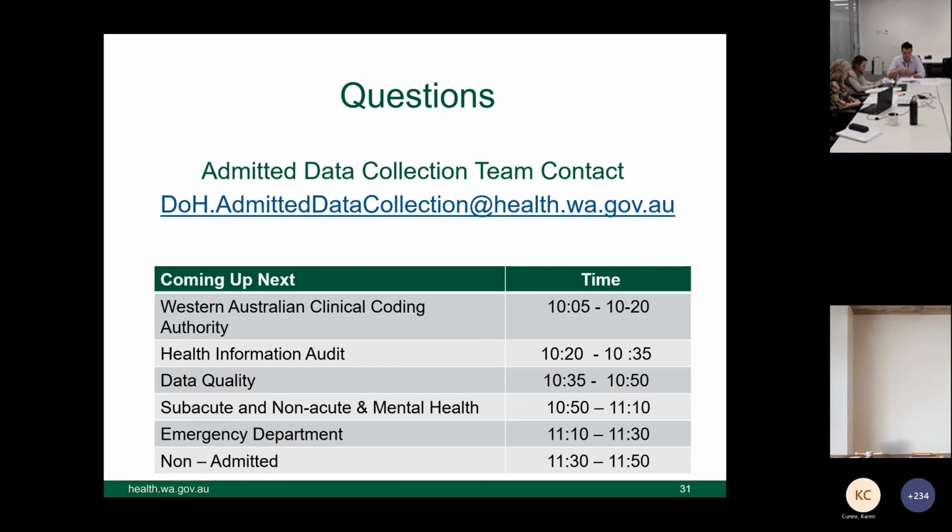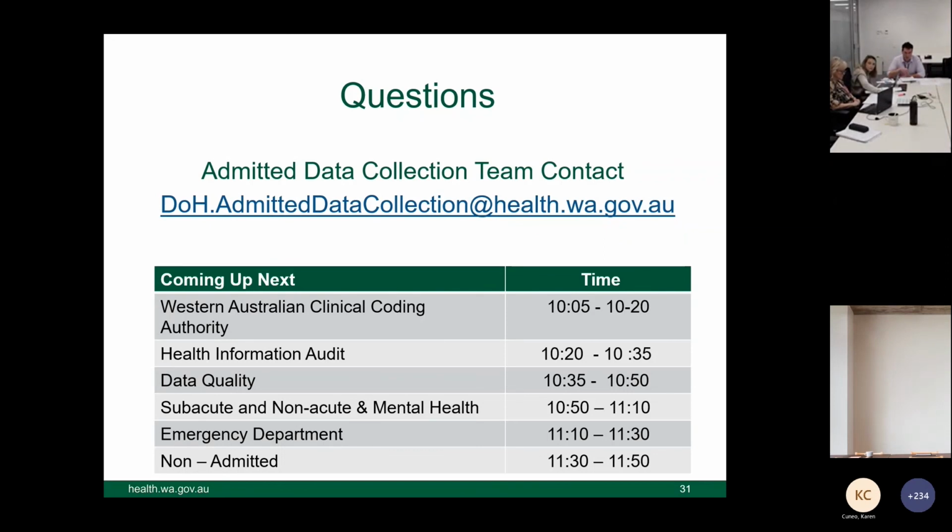So for example, data for the 1st of January to the 31st of January needs to be provided by the 28th of February. And then there is up to 2 weeks given for establishments to correct any validation errors. So for example, January data should be finalised by the 14th of March.